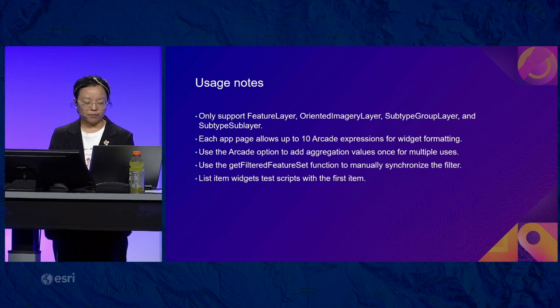Filters and spatial filters applied to data sources or data views cannot be automatically added to the data source, so we need to use the getFilteredFeatureSet function to synchronize the filter. For the list widget to format style, when you run or apply an Arcade script, it uses the first list item to test the script.